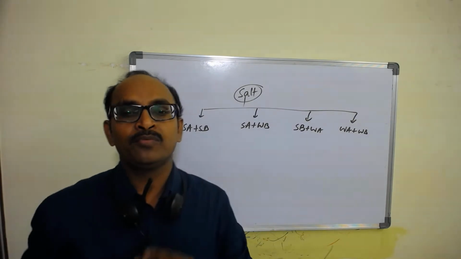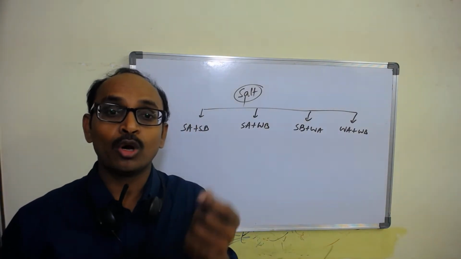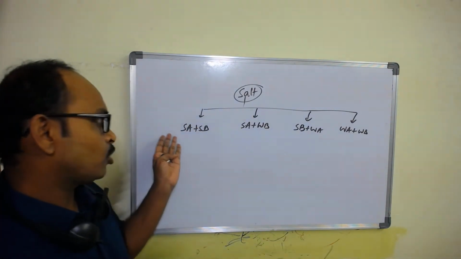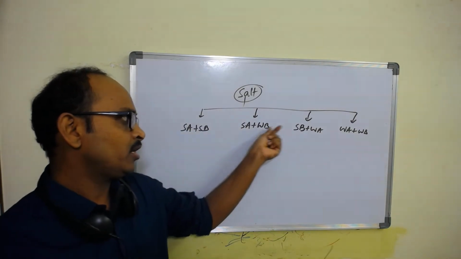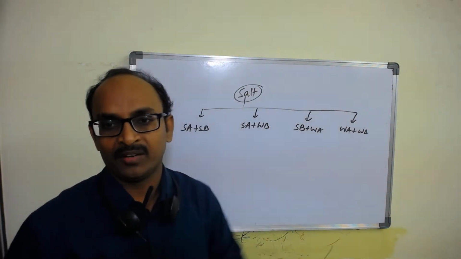So we have four types of salts based on interaction of salt with water.